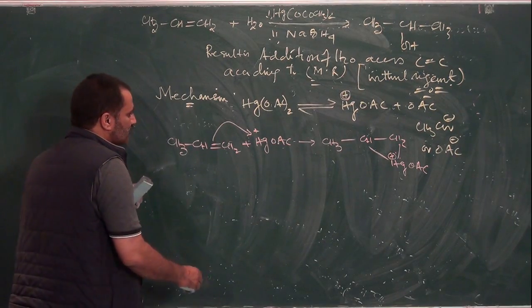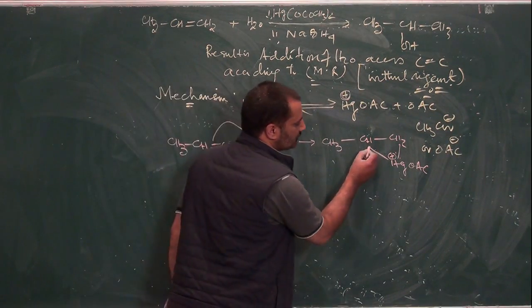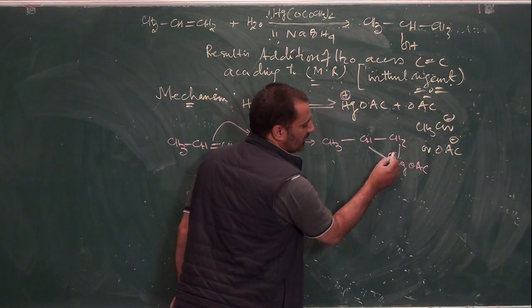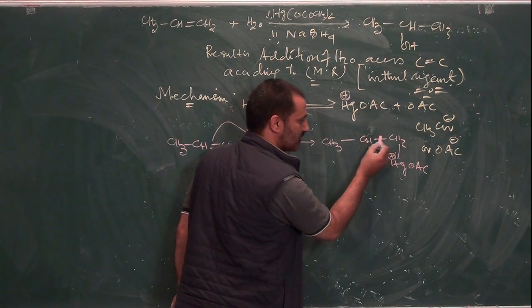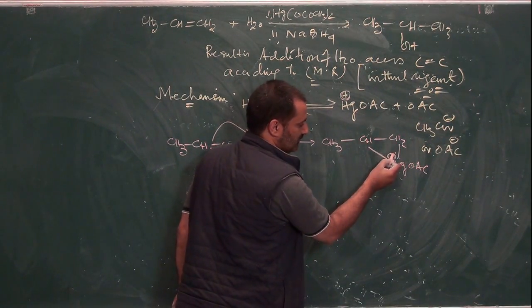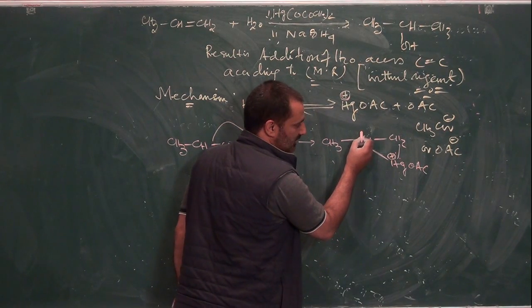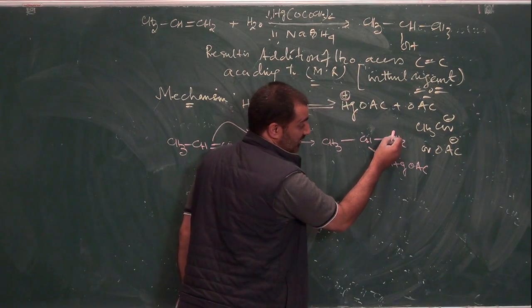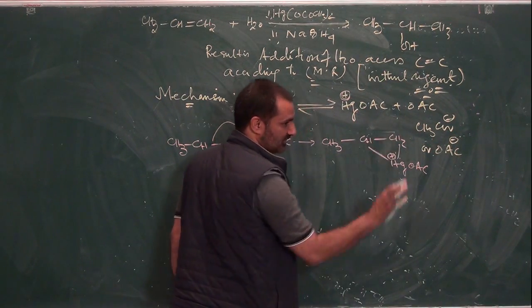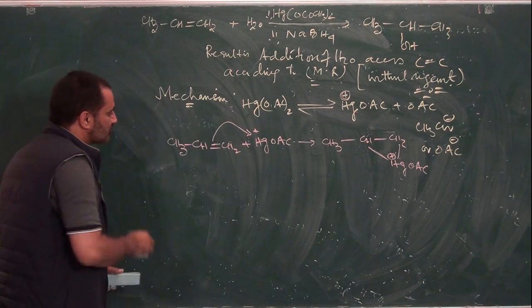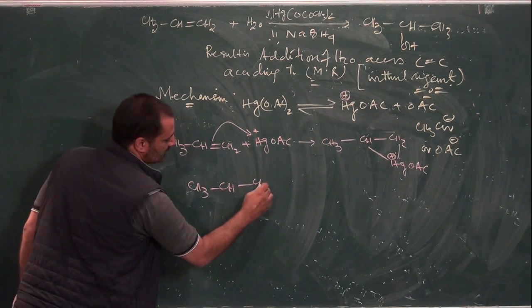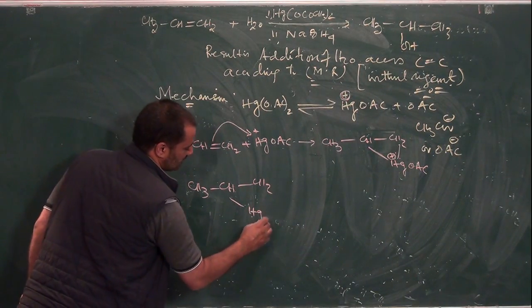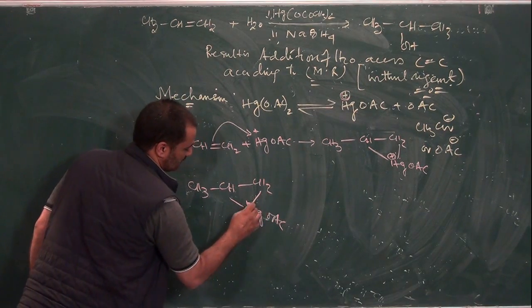What will happen? Here the polarity will be partial positive on both carbons. There is secondary carbocationic nature on one and primary carbocationic nature on the other: CH3CHCH2HgOAc positive.